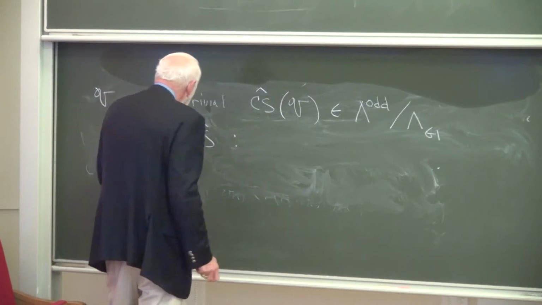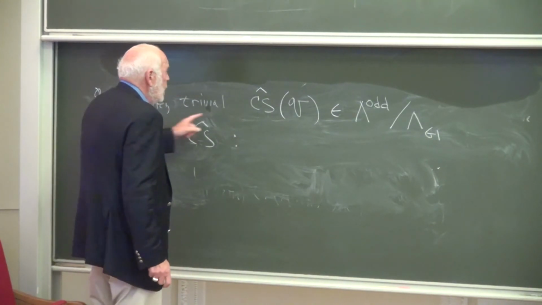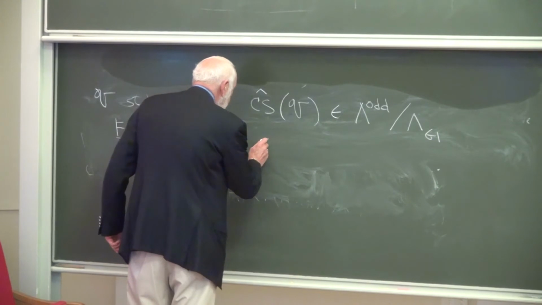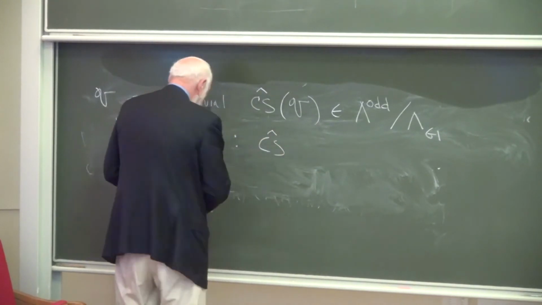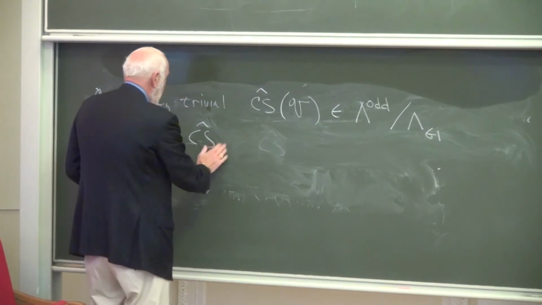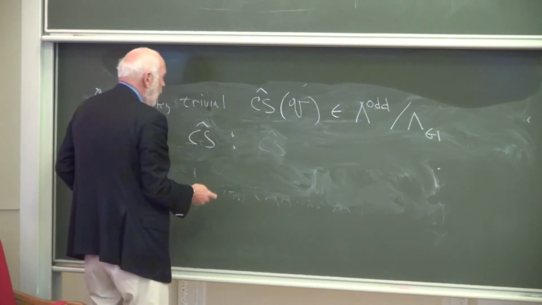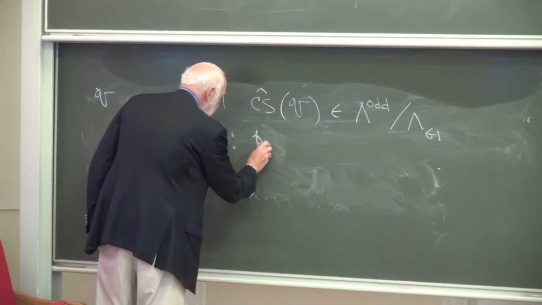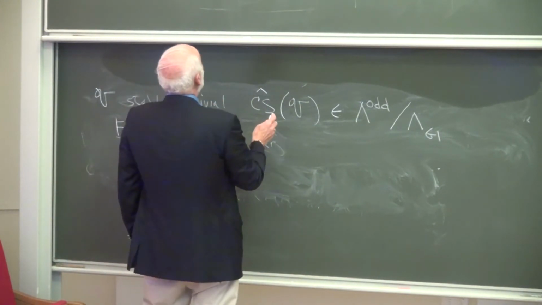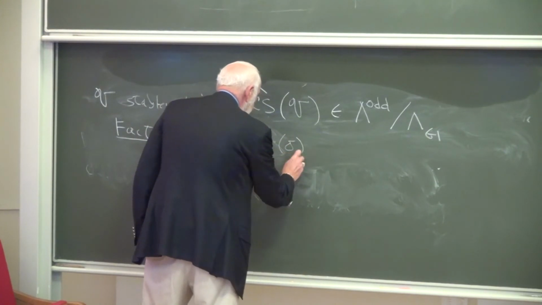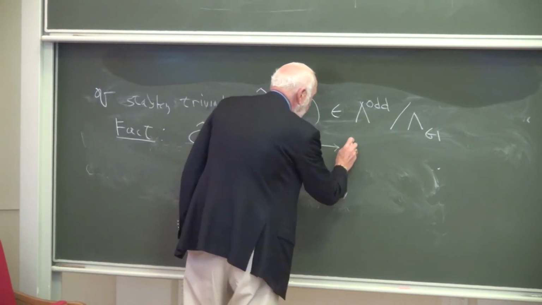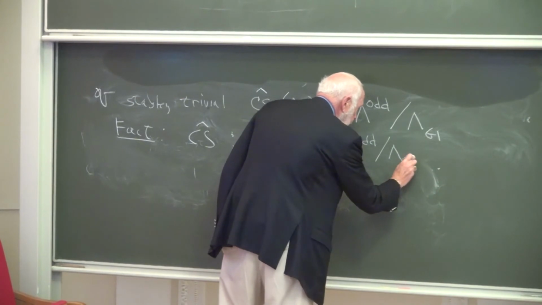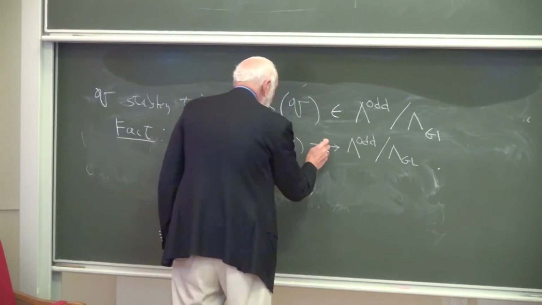So here's a fact. The fact is that CS on the kernel of delta into wedge odd GL is an isomorphism.